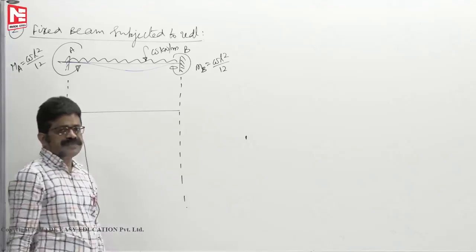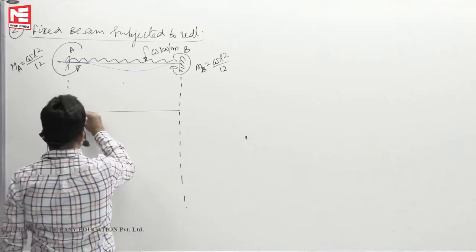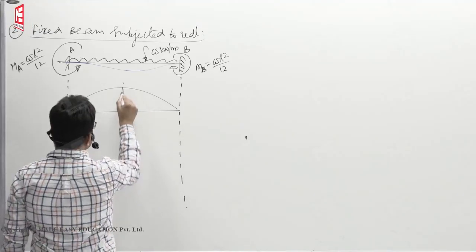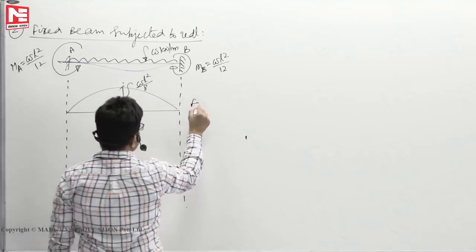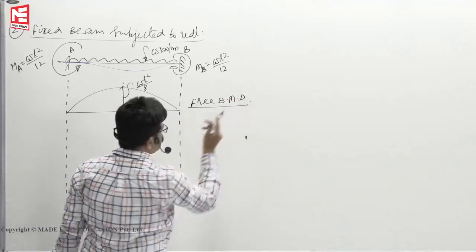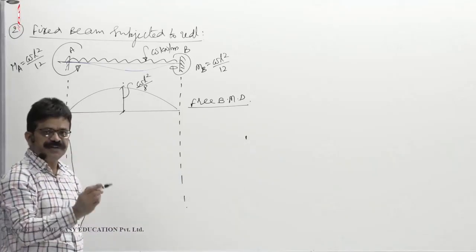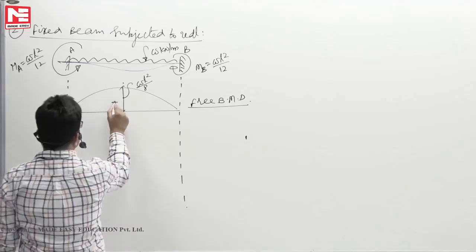We know a simply supported beam subjected to UDL has a bending moment like a parabolic curve, and its magnitude is WL square by 8. This we call the free bending moment diagram. Free bending moment diagram means the bending moment diagram assuming the beam as a simply supported beam.